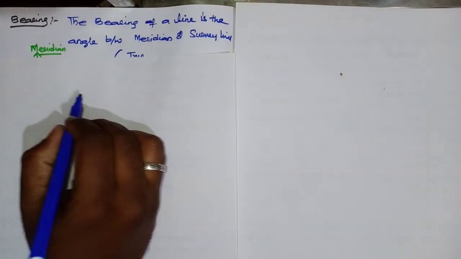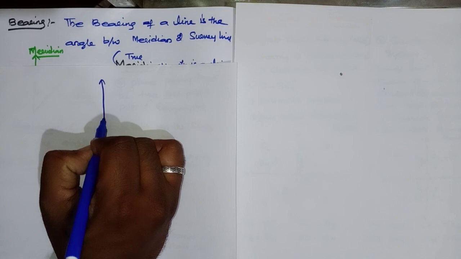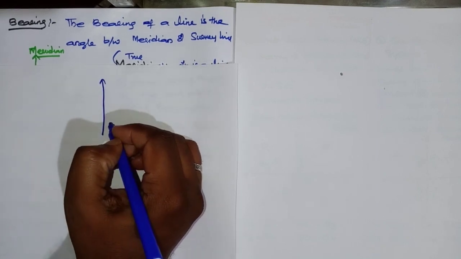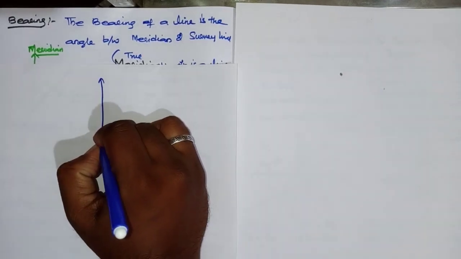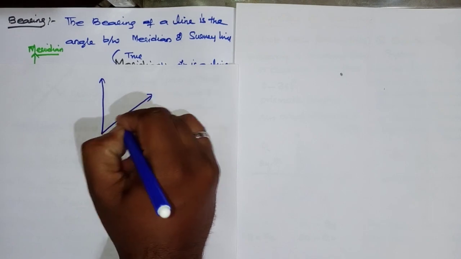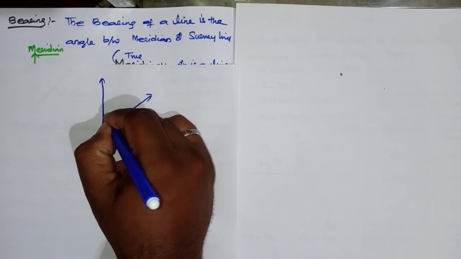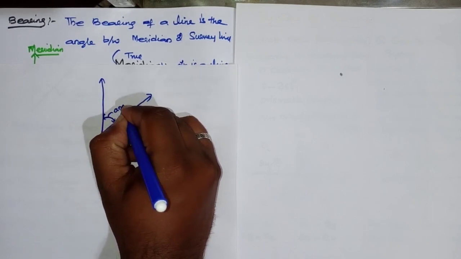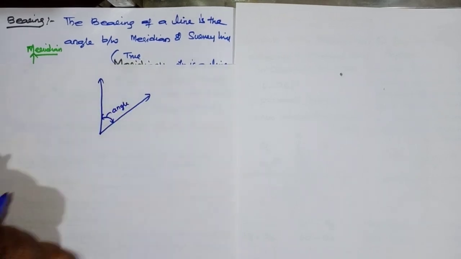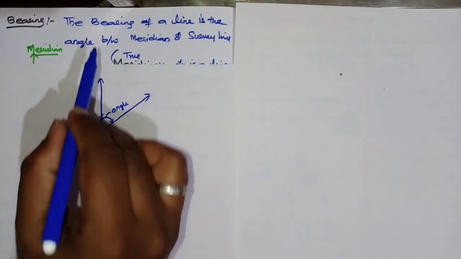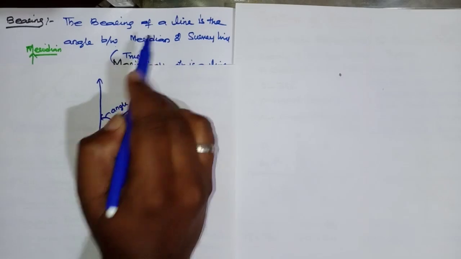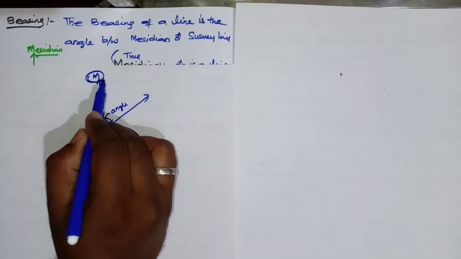The bearing is nothing but, suppose I have some fixed line, and with reference to that, I am going to fix another line. The angle made between these two lines is called a bearing. The bearing of a line is the angle between, now this is a meridian.